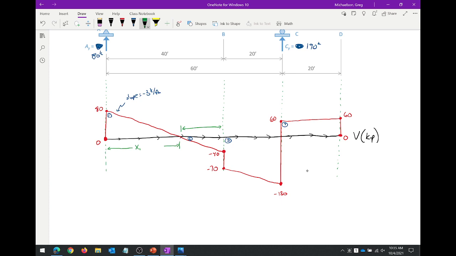Based on the numbers I've got here. How would you determine x1? All right, and so what is that? Give me some numbers. 80 divided by 3, right? 80 is the change in y, and that's the slope. So what is 80 divided by 3? Somebody help me out with that.